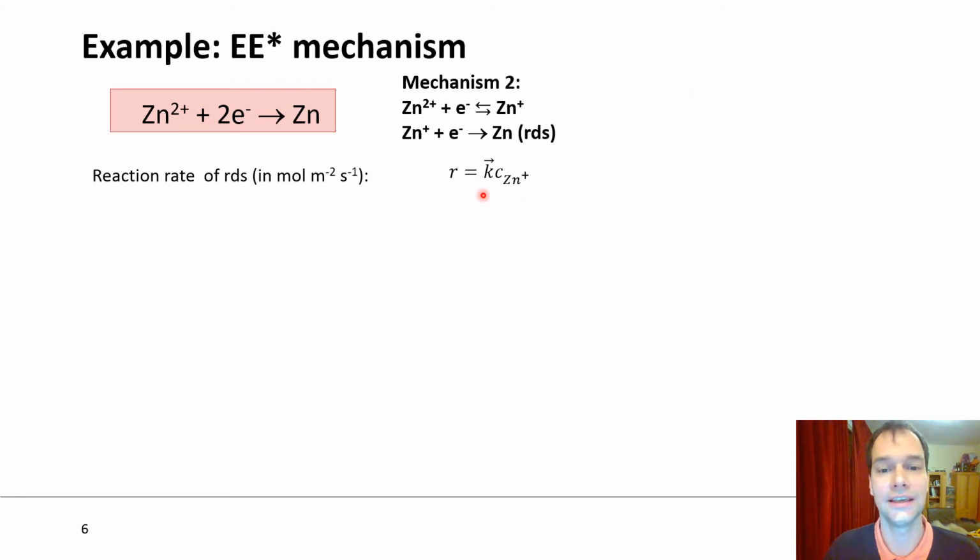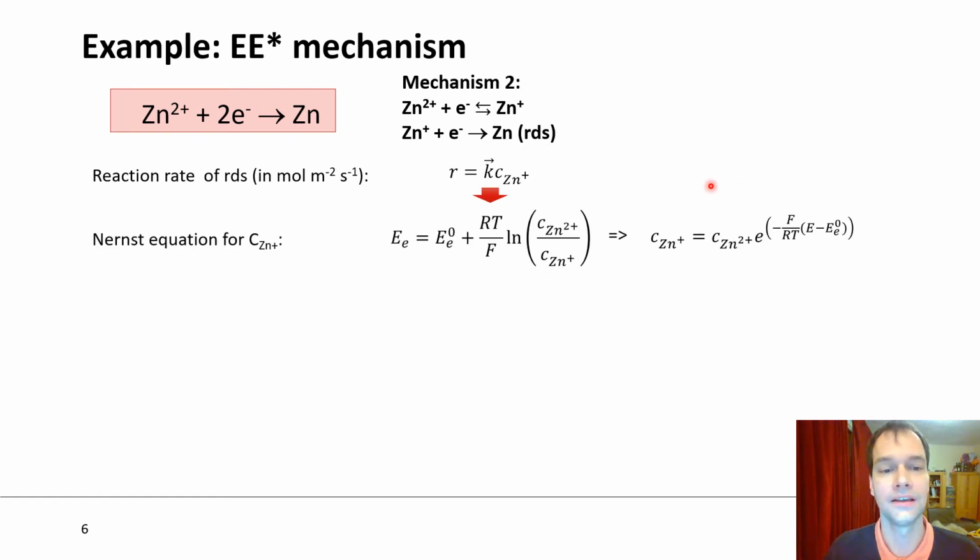R is k multiplied by the concentration of Zn+, because this is the step we are studying. But we don't know the concentration of Zn+ in solution. That's not given, so we have to calculate that. And that we can calculate using the Nernst equation, because the first reaction, as said, is in equilibrium, as long as it's not rate determining, which it is not.